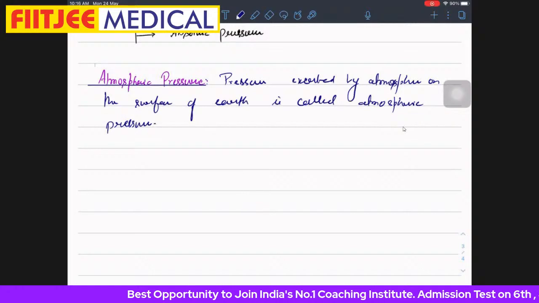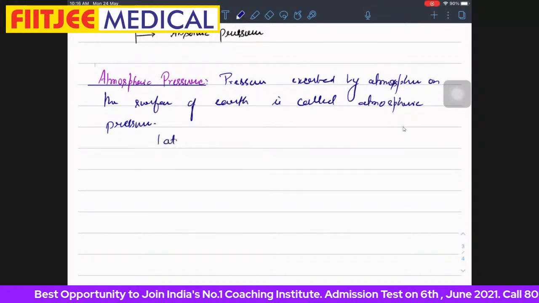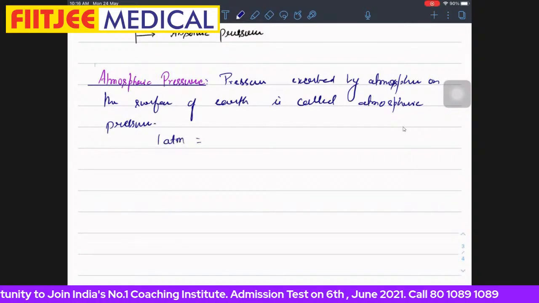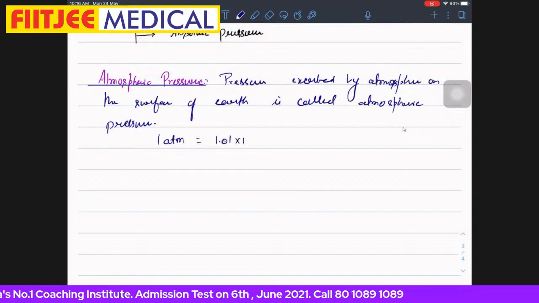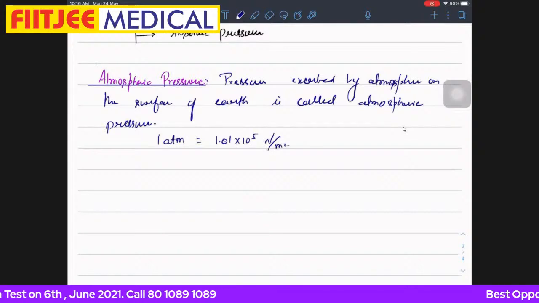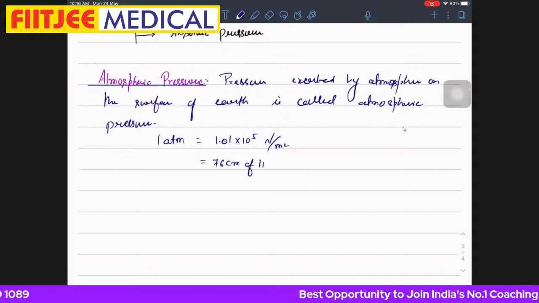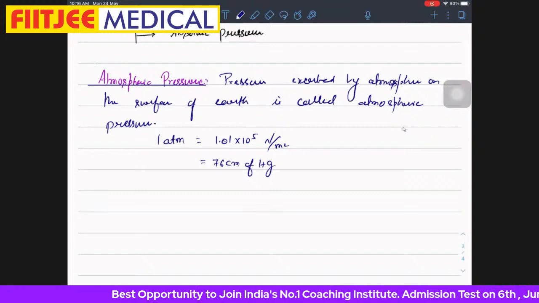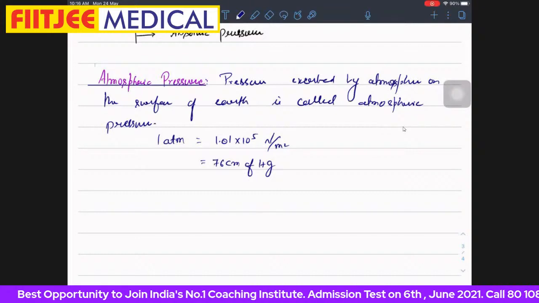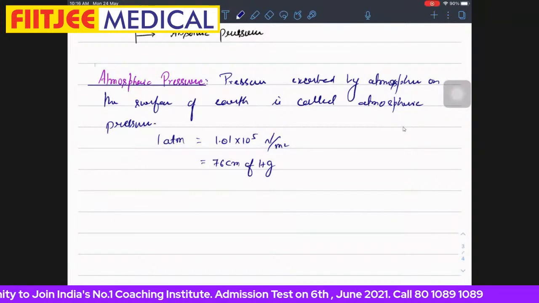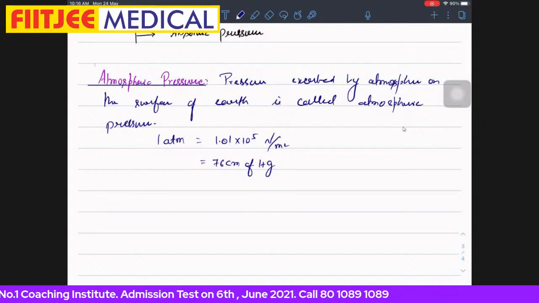When they calculated this value, 1 atm means 1 atmospheric pressure, it came out as 1.01 into 10 to the power 5 Newton per meter square. This is also equivalent to 76 centimeter of Hg. Whatever pressure the 76 centimeter liquid column of mercury exerts, the same amount of pressure is exerted by this 1 atm.